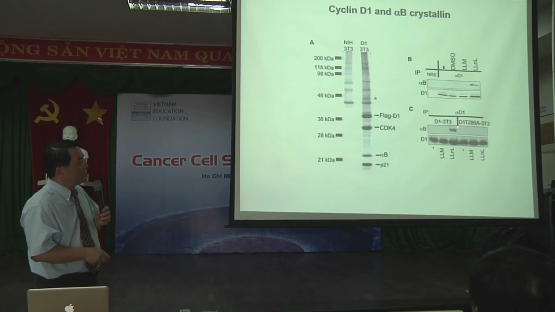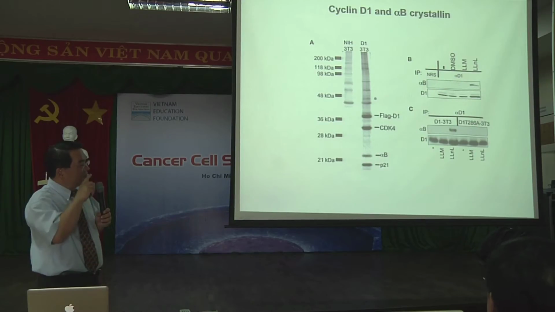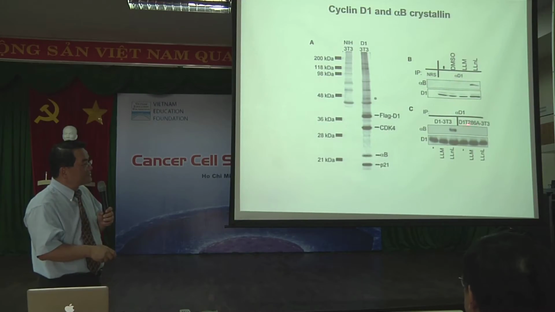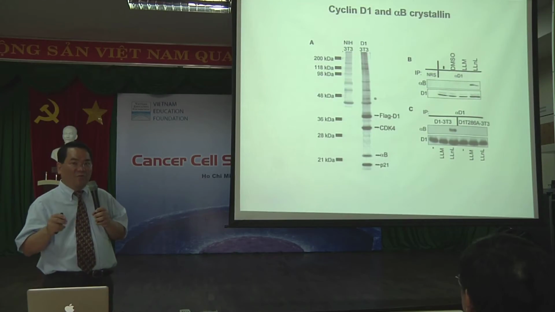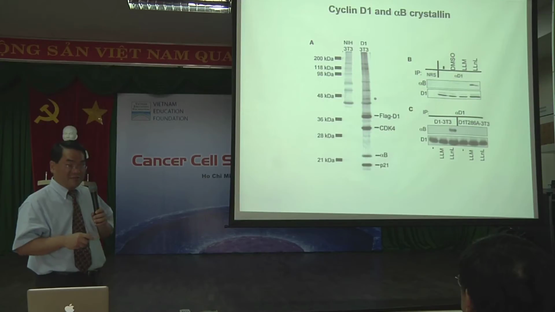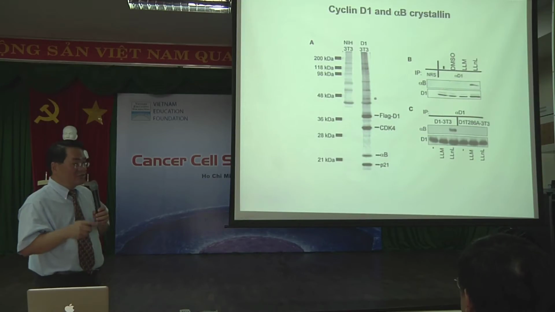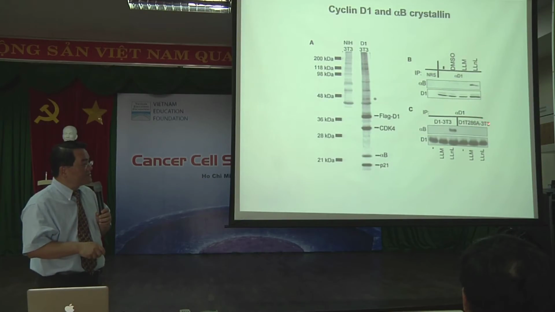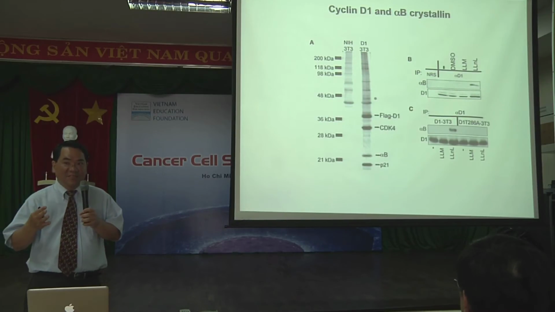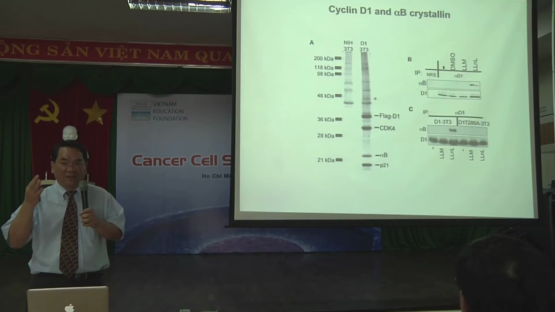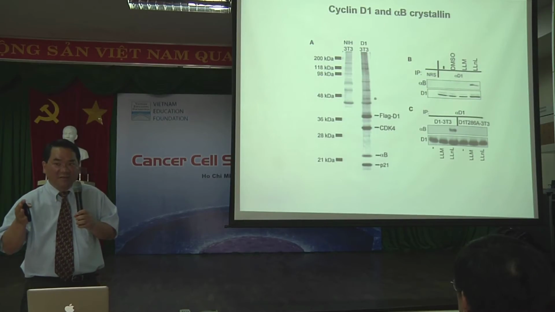Here, they did some experiments to find out that this particular site, threonine 286, is important for alpha B crystallin to recognize. So they mutated that particular site and then did an IP Western again to see whether alpha B crystallin is still associated with cyclin D or not.